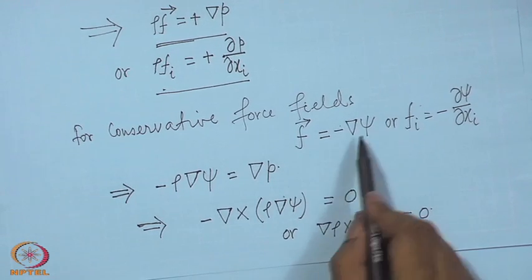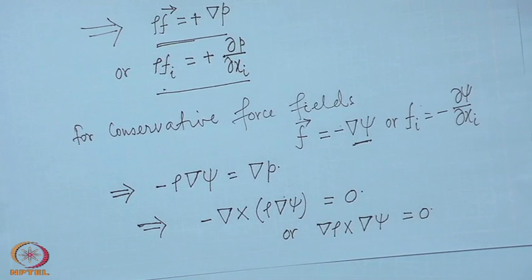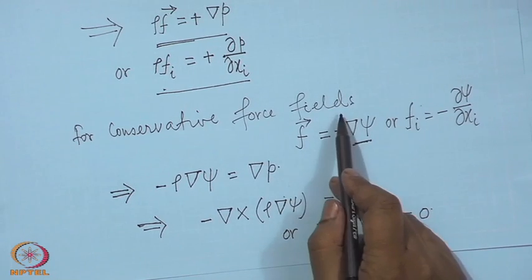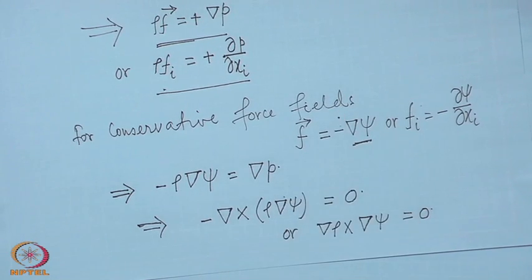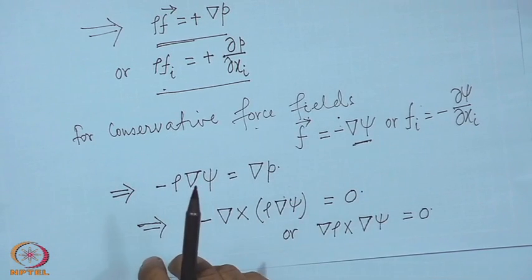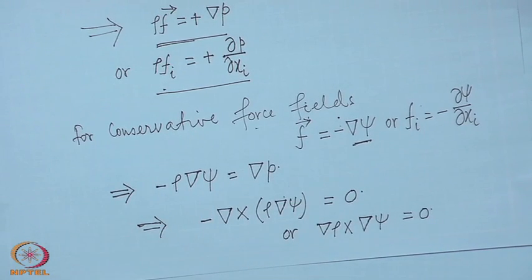Psi, as we mentioned, this psi function represents potential energy per unit mass associated with this force field. Again, you know that there are surfaces on which the potential energy is fixed, like if you think in terms of the gravitational potential, which is measured from the center of the earth.